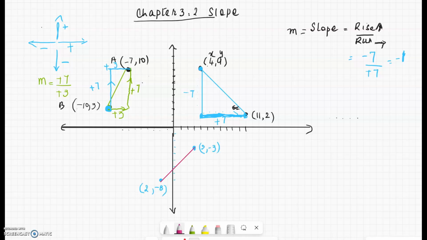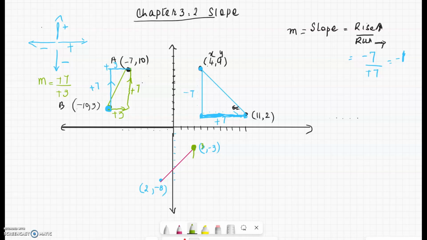Here's another example. We are trying to find the slope of the line joining these 2 points. So start anywhere. Start with any point. Let's say I start here, which is 3, negative 3.